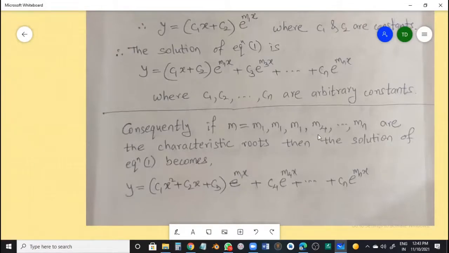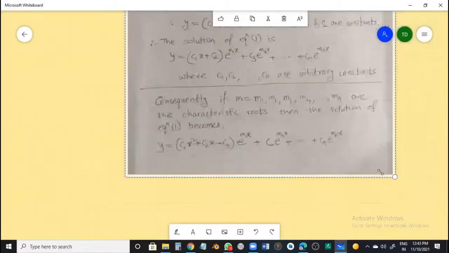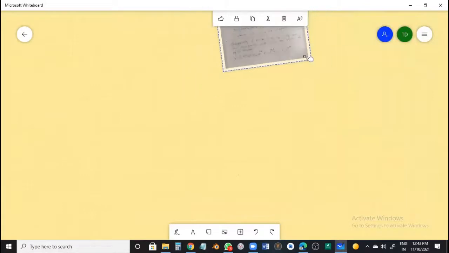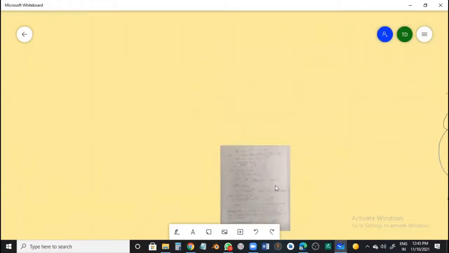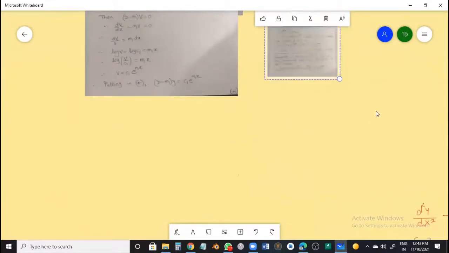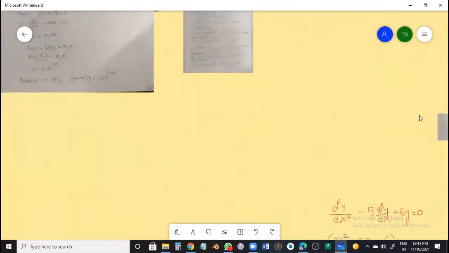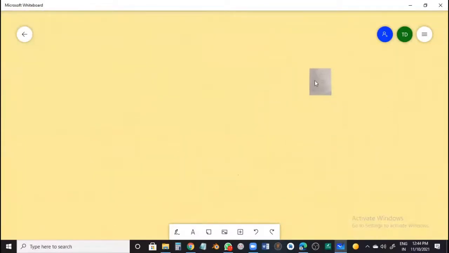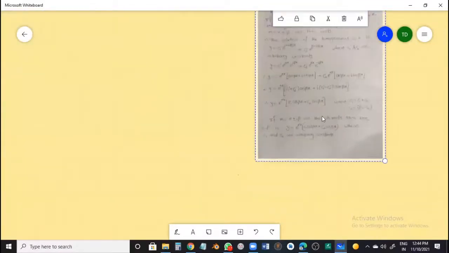Okay, very good. And the last thing that comes is complex roots. So that also I'll show in short here. The last one, the complex roots, let us see.